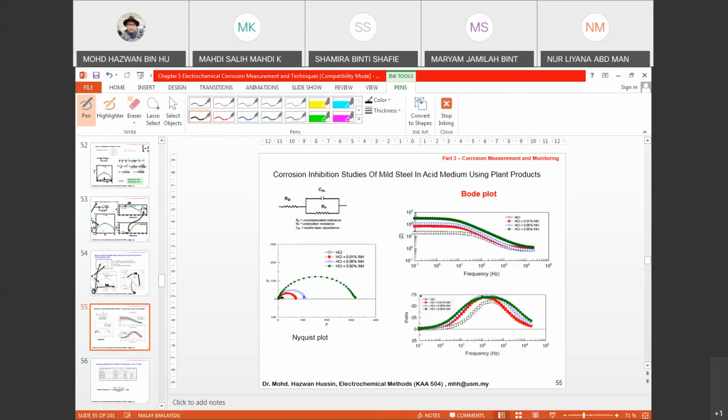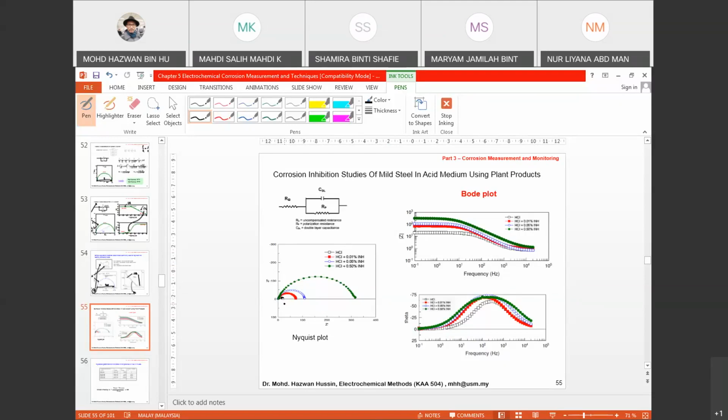Okay, all right. So basically, if you notice, this is a study of inhibitors where you have a blank without any inhibitor and with the presence of inhibitor at different concentrations. So probably we can look at the Nyquist plot first because it's quite easy to see. For the blank, or without inhibitor, you will see that it forms a very small semicircle.